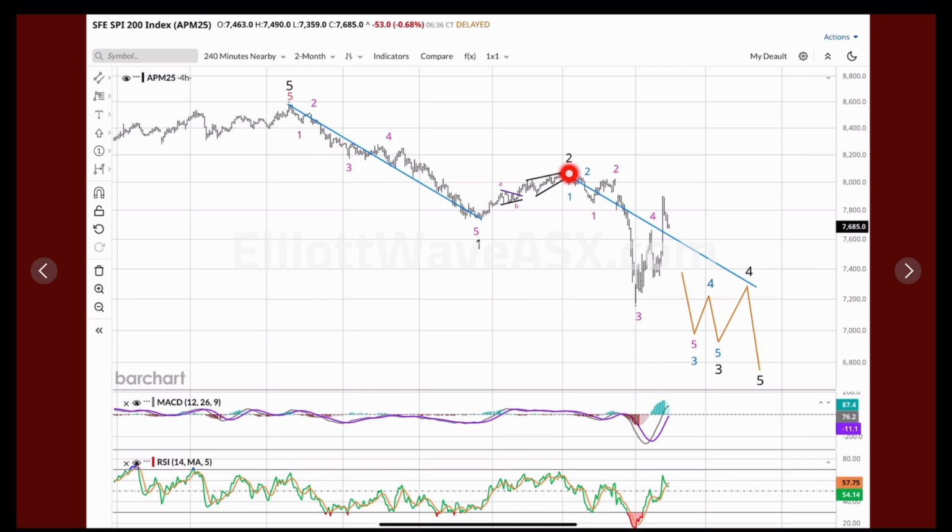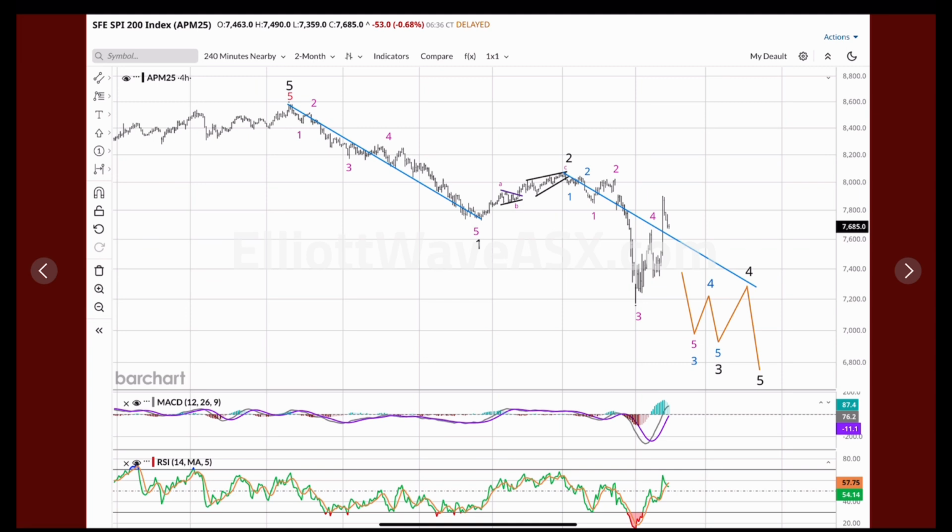But quite quickly we got prices dropping below, so that was starting to indicate that this would be a wave 3, an impulsive. But since then with Trump's announcement, we've spiked back above that blue line.